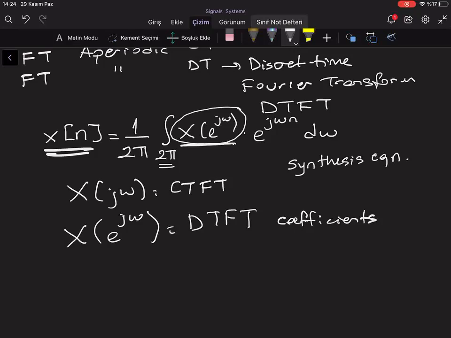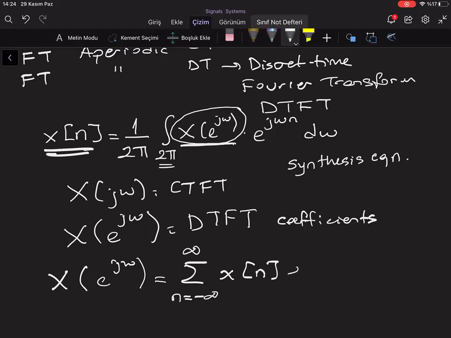If I look from the other perspective, X(e^jω), if I know x of n and I would like to find out the coefficients, then I will sum x[n] e^(-jωn) from minus infinity to plus infinity, because my signal is aperiodic and it can go from minus infinity to plus infinity. You see, there is no ω0 here, guys. ω0 means repetition. ω0 means periodicity.